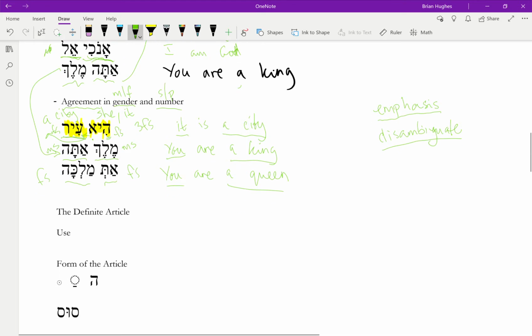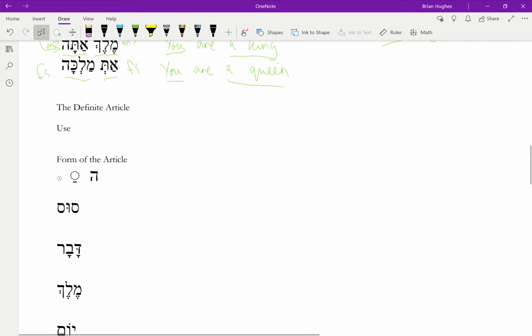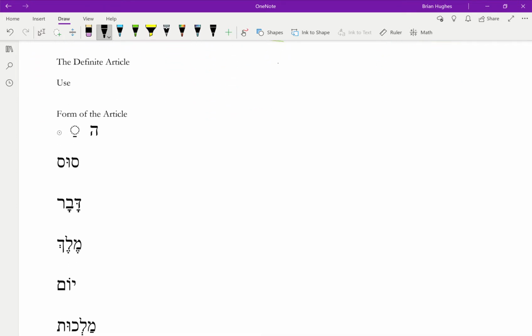All right, so now we can add the definite article, and again, what we're doing in these chapters is adding building blocks so that we can come to understand and read and interpret Hebrew. So we've added consonants, vowels, which help to make up words, dageshes, which help us to understand pronunciation, along with shewa.